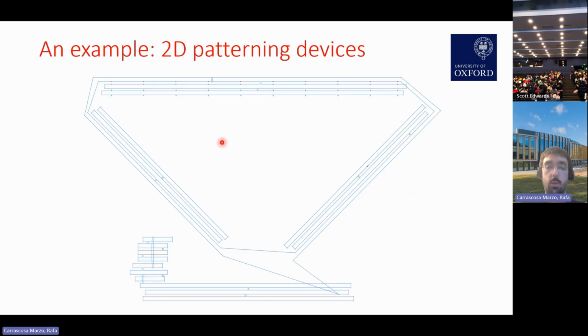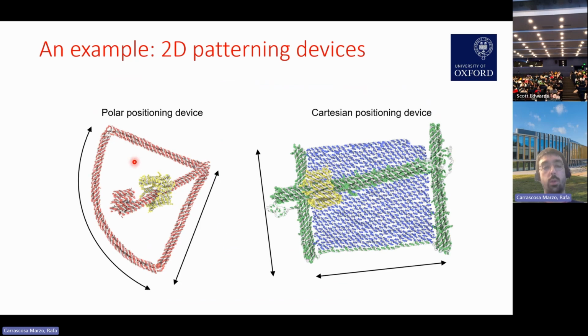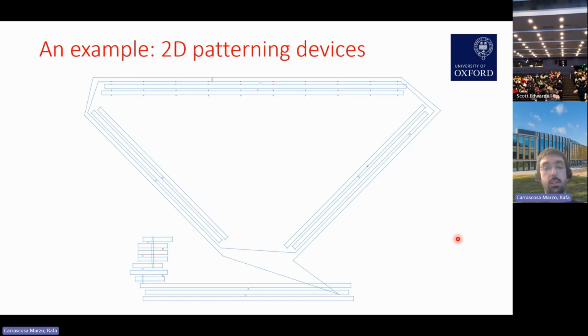To look at the one that I specifically work with, this polar positioning device, I call it the bow and arrow device because to me it looked like a bow with a nocked arrow pulled back. I haven't gone into how we actually do this, because if you think about it, this structure, for example, has 8,000 nucleotides and all of them have to be in the right place and interact with the right nucleotide.